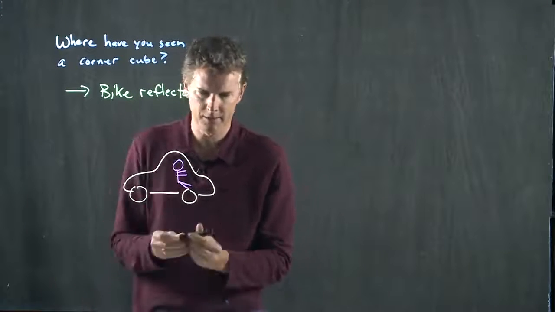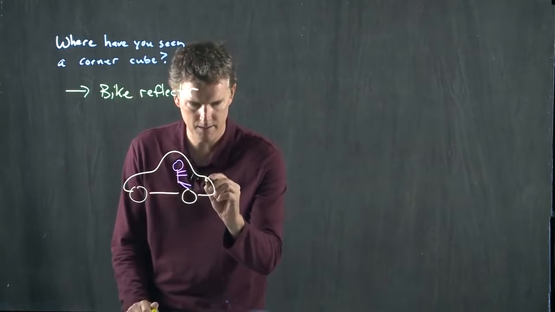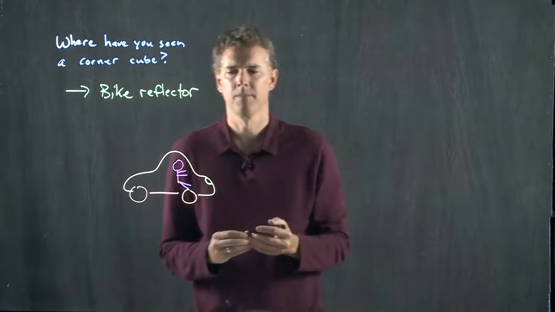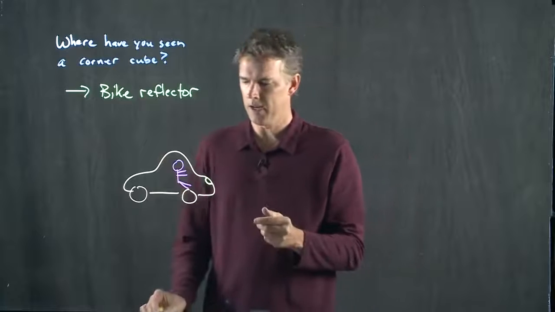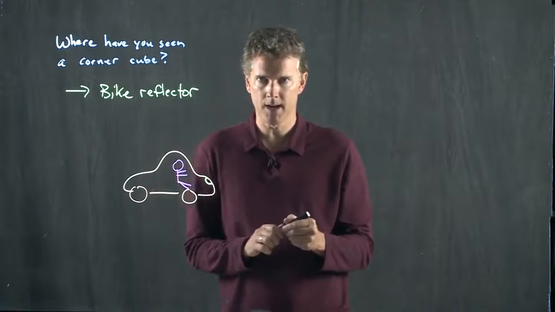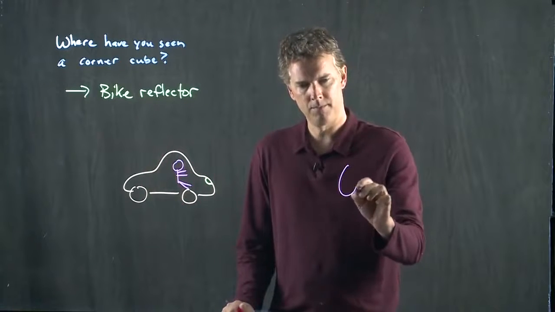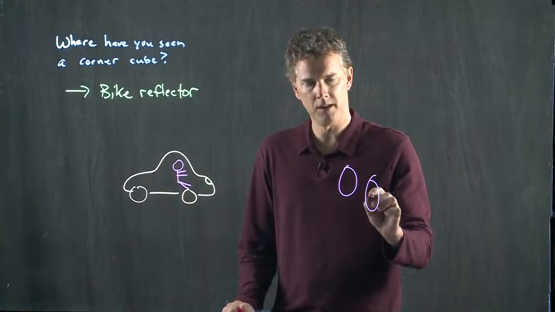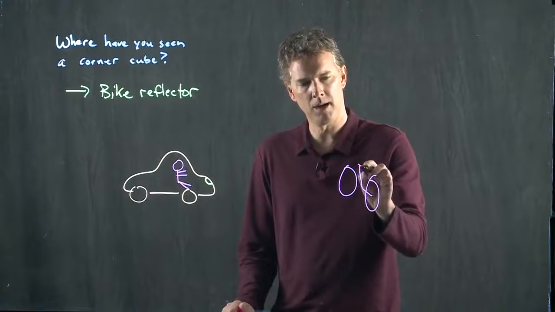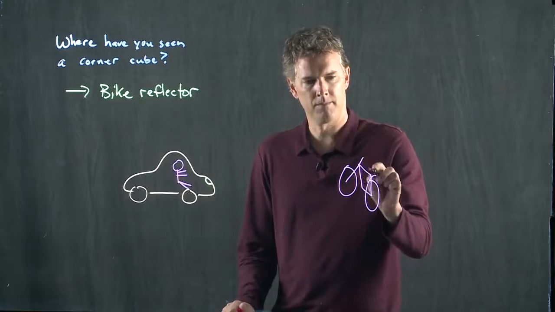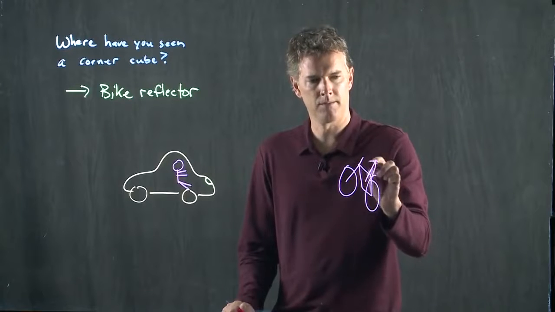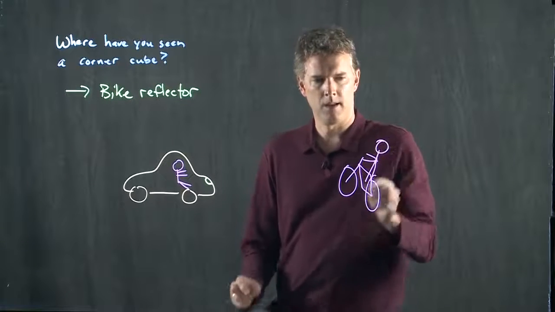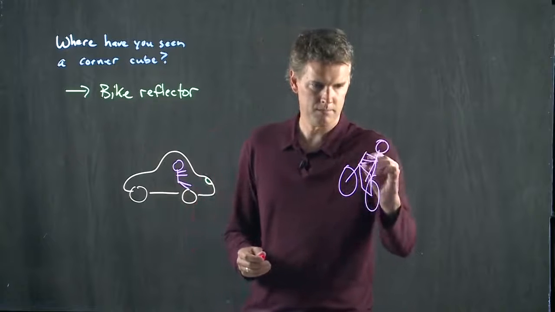These are the headlights on your car, right here. When you're driving at night and somebody comes by on their bicycle, you would like to be able to see them. Okay, so here is the bike, person riding along, happy as can be.